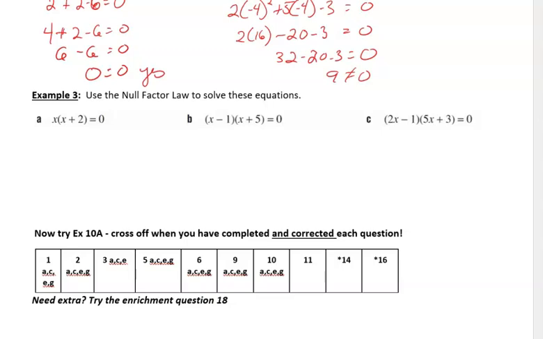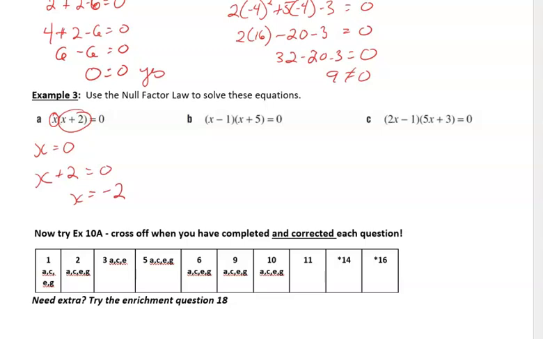So now we use the null factor law to solve these equations. Remember that either x, here's one factor, equals 0. That's done. And that would make everything else equal 0 because we're multiplying it. Or x plus 2 equals 0. In which case, if we subtract 2 from both sides, x equals negative 2.